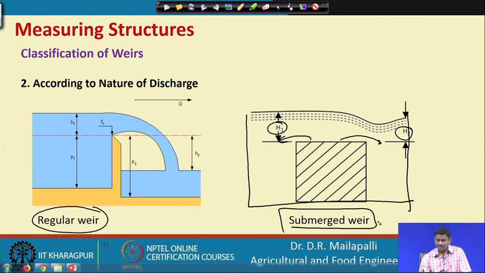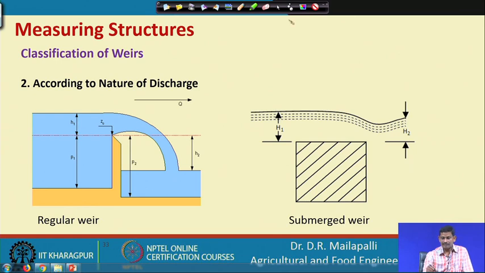So, this is a submerged wear, and the formula to calculate the discharge in both cases is almost the same, but in this case you calculate with H 1 minus H 2, the difference in height. Then also estimate Q here, and the combined discharge will be used to estimate the discharge in a submerged wear. Okay, we are going to see that.